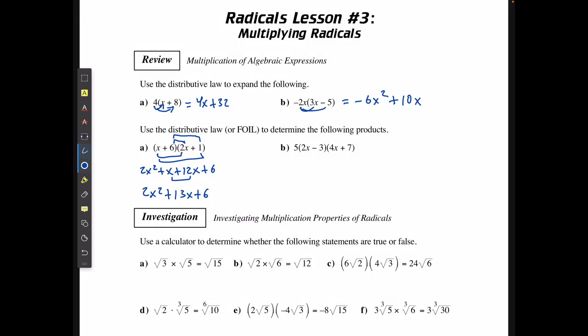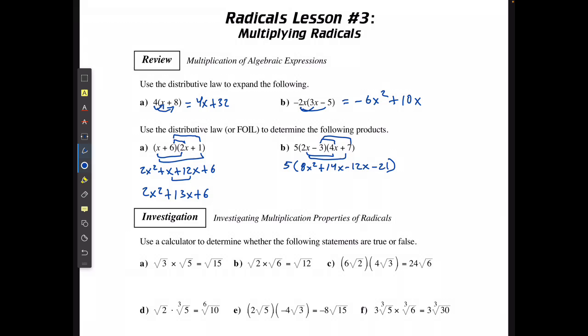For example B, I would do the same thing. So I'm going to FOIL this out first and say that this is going to give me, we'll have a 5 on the outside, and when I multiply these out, 8x squared plus 14x minus 12x and minus 21.